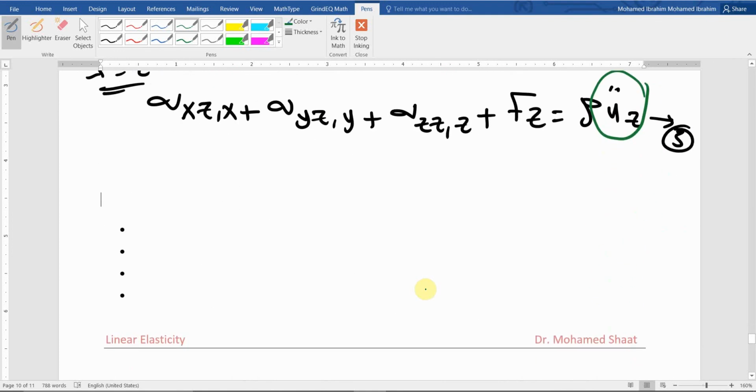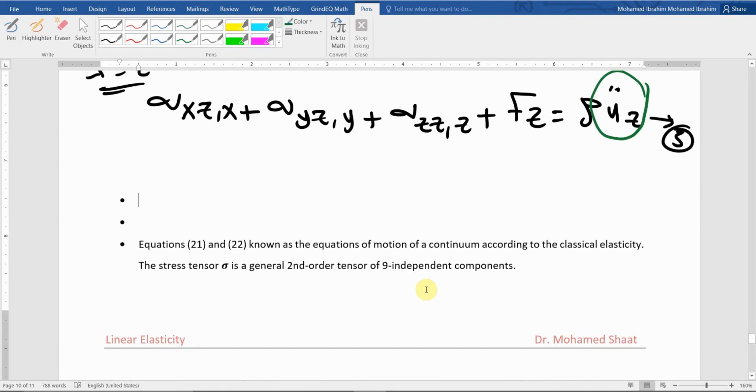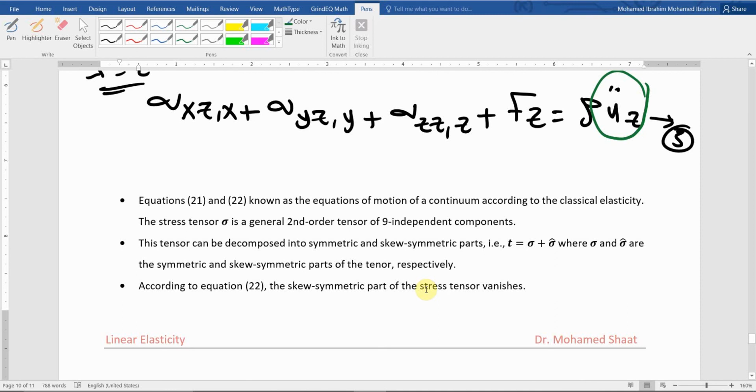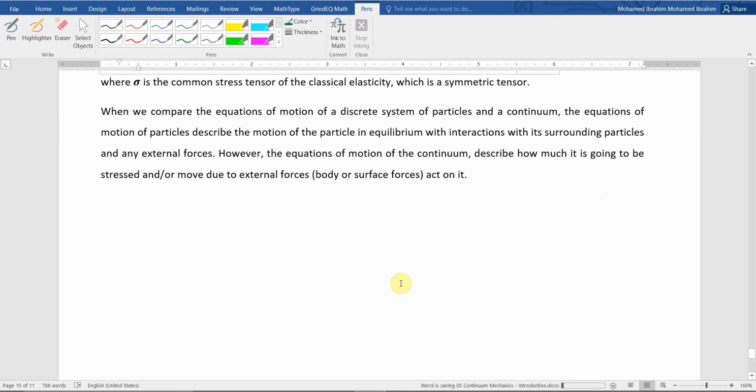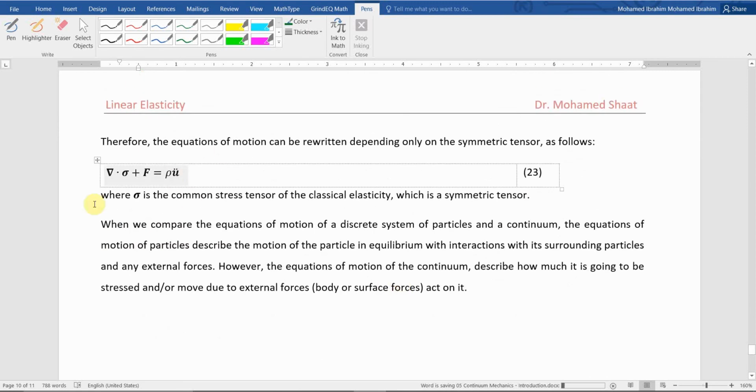This is the first part of the class, and the objective is to understand the mechanics of the particle and how it is related to continuum mechanics, how we can derive these equations. These are your main 3 equations of motion that we're going to use a lot through the whole course.